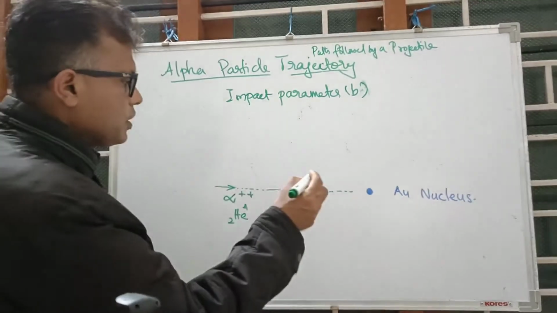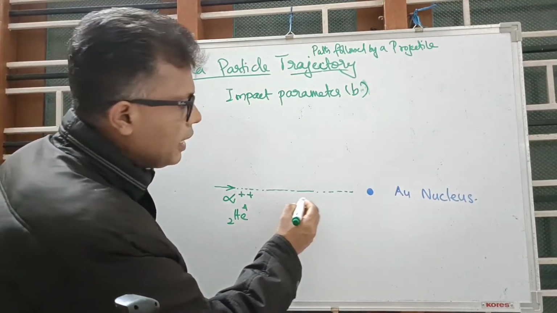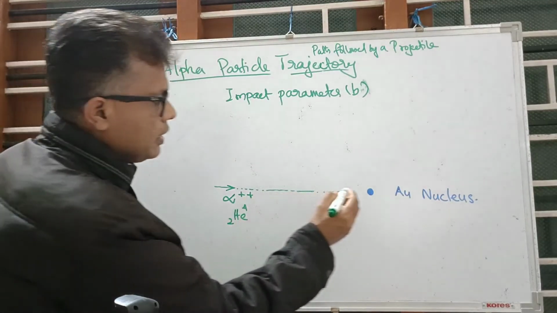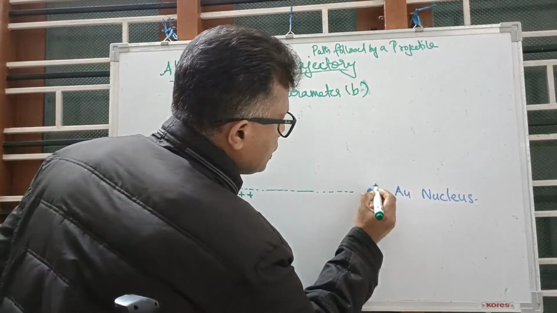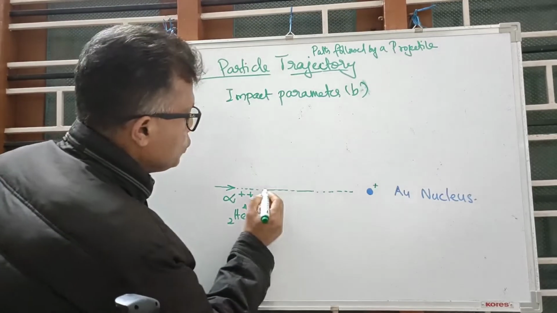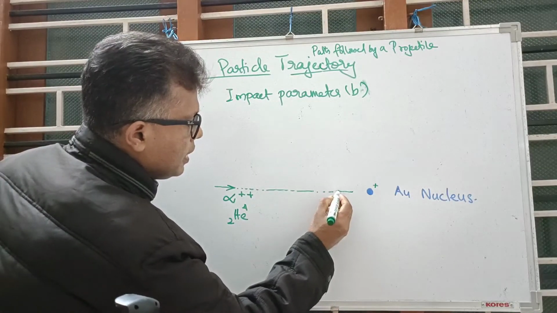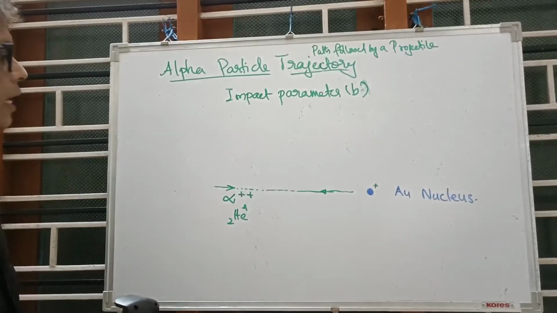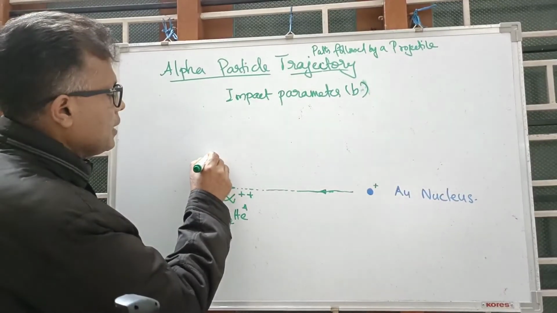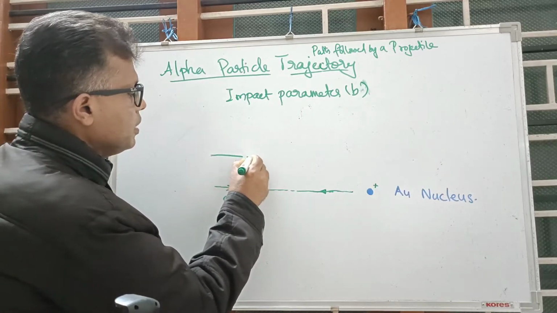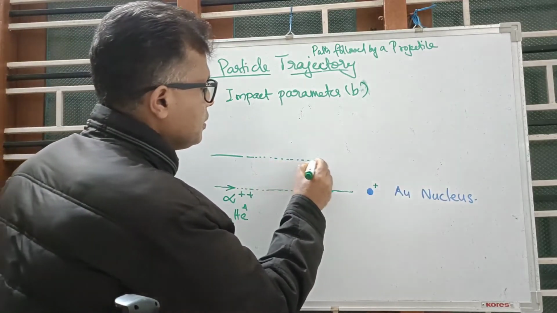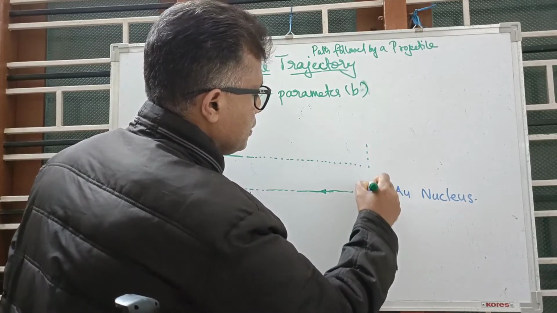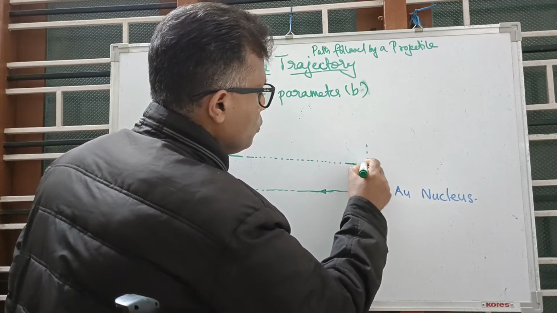If this one is coming like this, it is going to come back, because this one is also a positive charge here. So this one is coming here, and after that it is going to come back. Okay, I'll just draw another line. This one is another alpha particle. It is coming here and going like this.